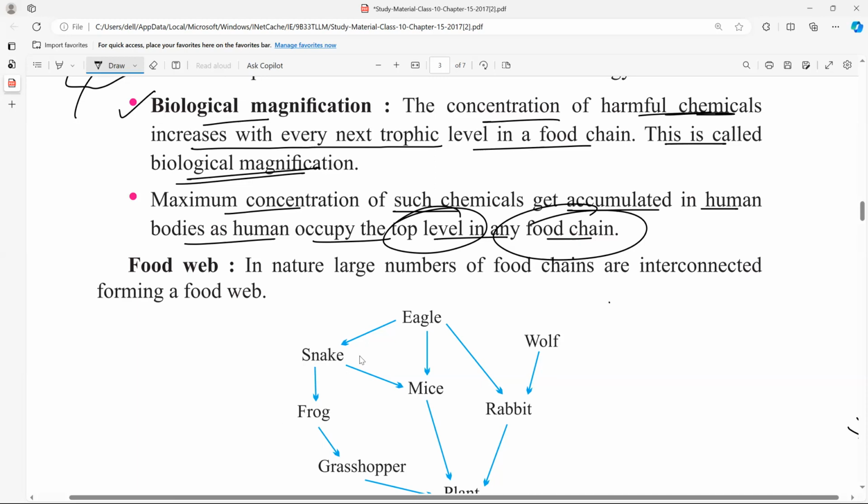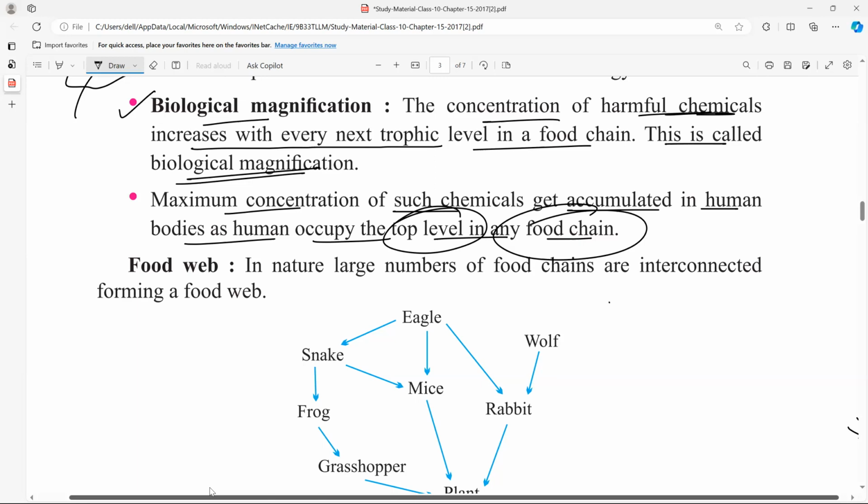Actually, this has been checked experimentally. The DDT powder was banned in India and other countries also. DDT powder was used to kill pests. When DDT powder is added to the plants to kill the pest, it was accumulated by the plants, and the powder was not decreasing.